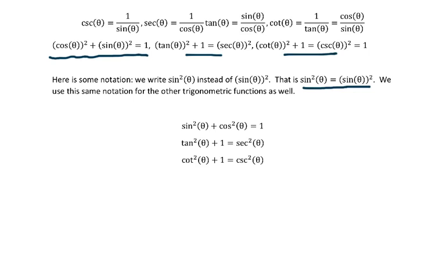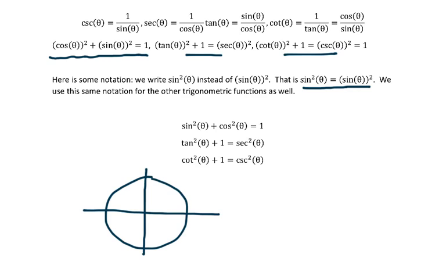Okay, so how do we get that? Well, let's see. Going back to the unit circle as before, let's say theta was, since I don't know what angle theta is, in this quadrant, quadrant 4. So it's going to go like this.